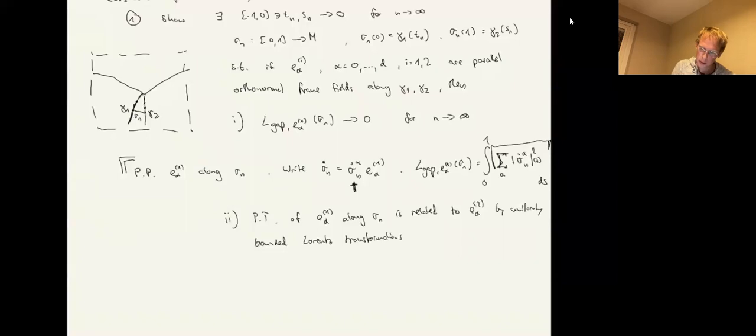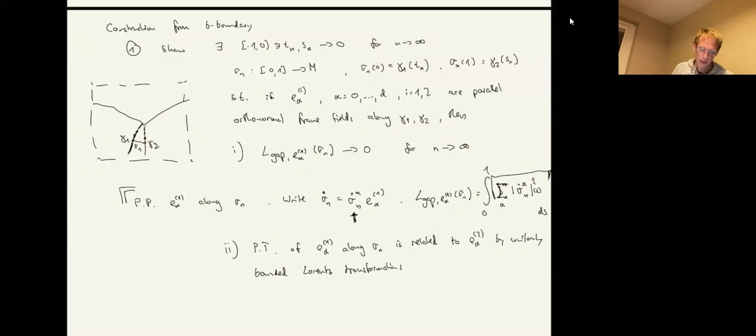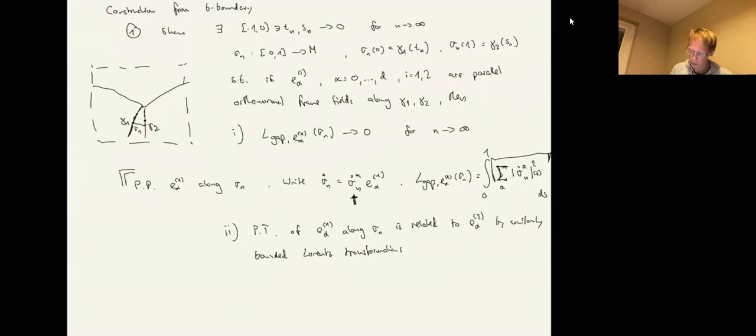Yeah, so here if you parallelly propagate the orthonormal frame field from gamma 1 along sigma n to gamma 2, then at each point here, it is related by a Lorentz transformation to the parallelly propagated frame along gamma 2, and what I want is that these Lorentz transformations are uniformly bounded. And so I show that you can find this set of connection curves, and this is something that will seem familiar for people who are familiar with the B boundary.